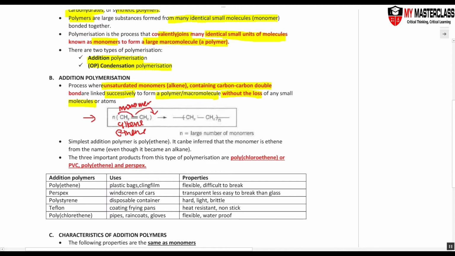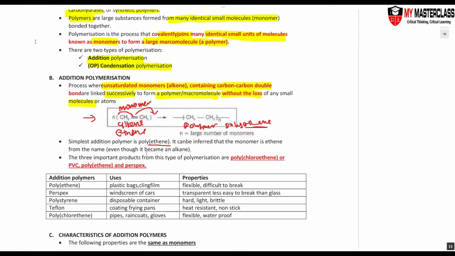So you open up your double bond, you get this. This one is your polymer. So the alkene will become polyethene. Even though when you open up, it becomes a long alkane with single bonds, we will still name it as polyethene. So I will put poly, then the monomer.